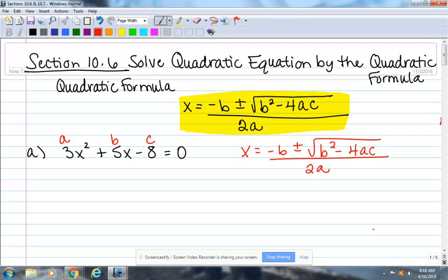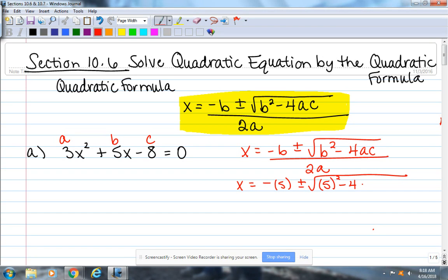All right. All you have to do is fill this in and do arithmetic. That's it. Perform the order of operations. So you're going to say x equals negative, before you even look at your A, B, and C. Now what is your B? 5. So I'm going to put it in parentheses. Plus or minus the square root of what's B? 5 squared minus 4.